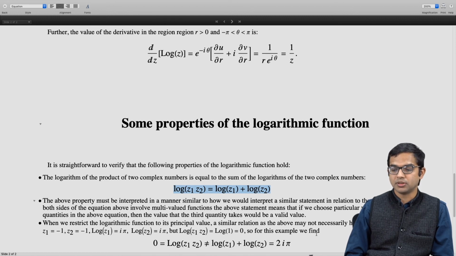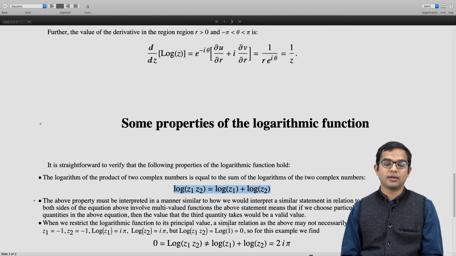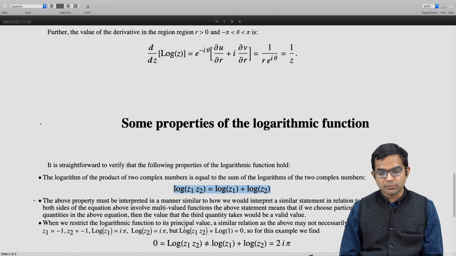So for this example we find that one of them will give you 0, but the other one will give you 2 pi i. So indeed this property does not necessarily hold if you're working with the principal value.